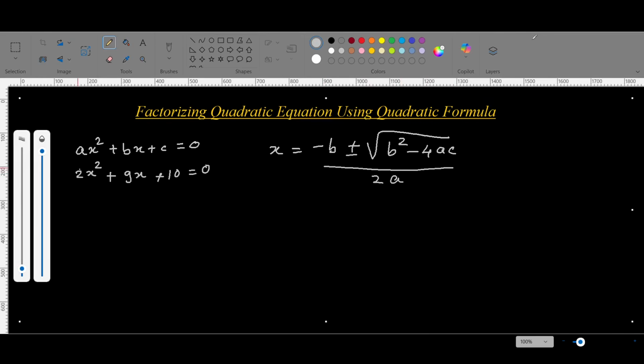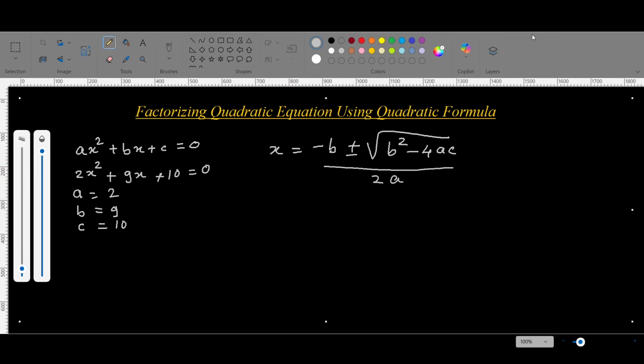Let us try factorizing this quadratic equation: 2x squared plus 9x plus 10 equals 0. The coefficient of x squared is a, which is 2. The coefficient of x is b, which is 9. And the constant is 10. Let's plug these values in.